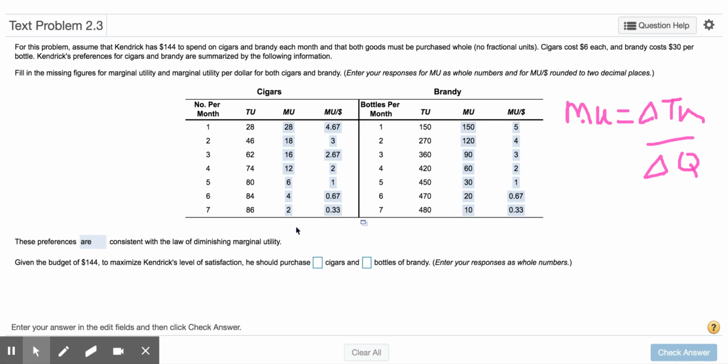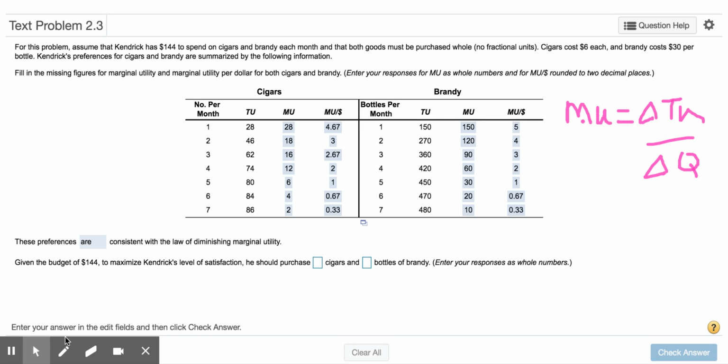If you were this person, where should you spend your money first? If you spend it on cigars, it's going to give you 4.67 per dollar, right? If you spend it on brandy, it's going to give you 5 per dollar. Of course, you should spend it on brandy.